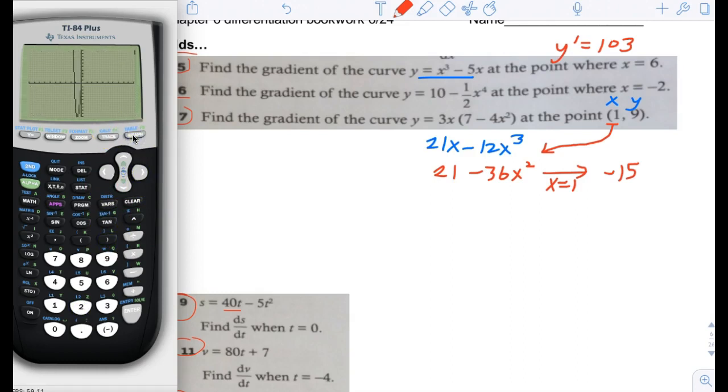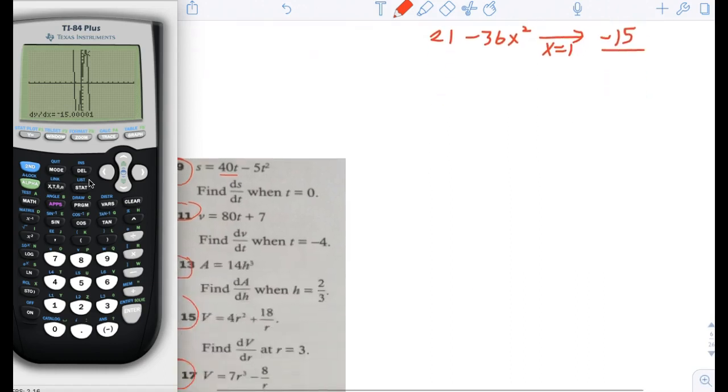And then I'm going to do second calc, dy/dx, option 6. I'm going to type in 1. And I'm going to get negative 15. Actually, I got negative 15.000001, but you can see that the calculator is using an estimation method, so it's slightly off. The real answer is negative 15.